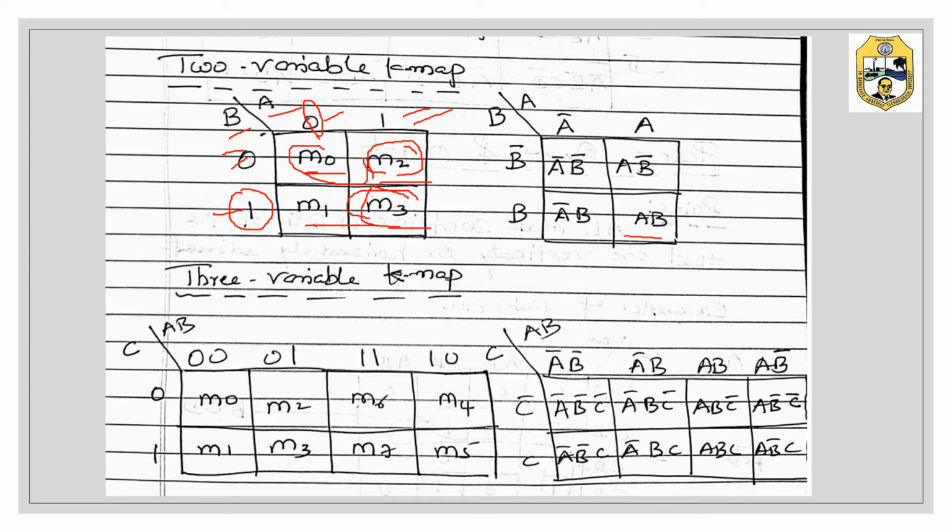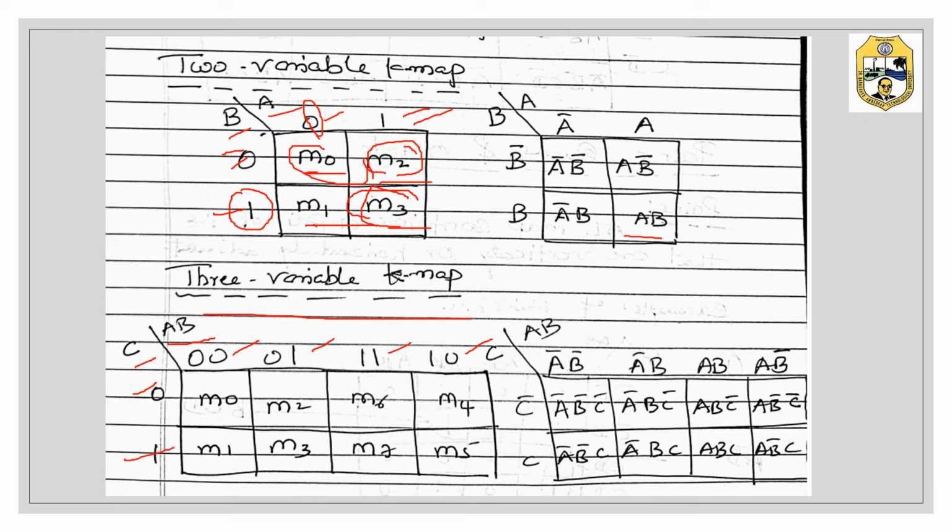Likewise, in the case of the three variable K-map, how can it be written? We need to take AB over here and C over here. For AB, we take 0 0, 0 1, 1 1, and here 1 0, and for C it is taken as 0 and 1.